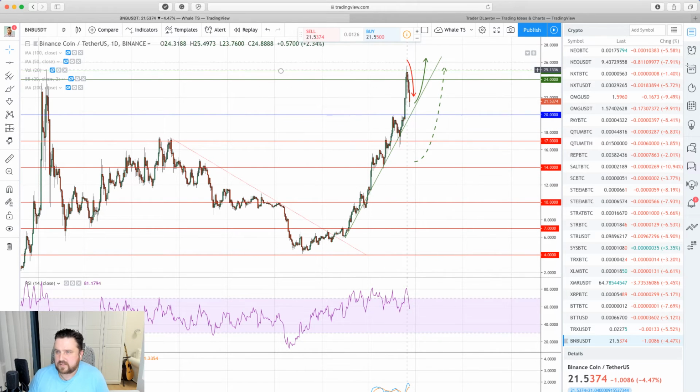It will be something like 50% of correction based on Fibonacci. We have this support level, so the combination of these levels gives us a support zone, which also can be used as a starting point for a new upward movement.